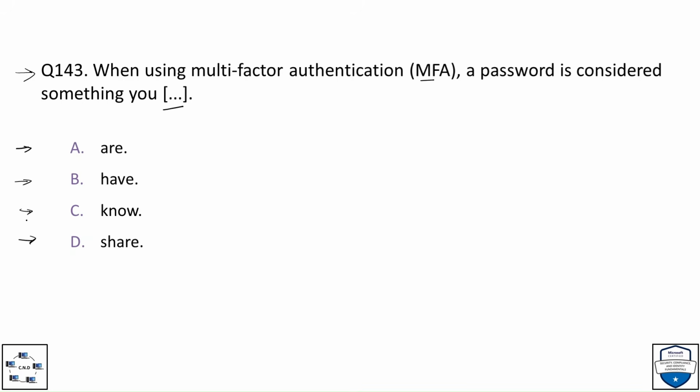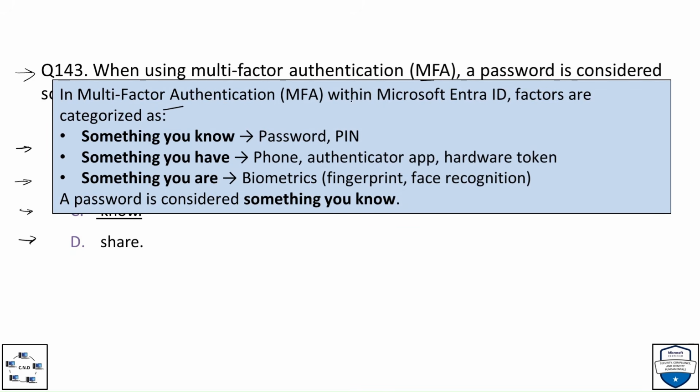And the correct option is, the password is about knowledge, so it is something you know. In multi-factor authentication with Microsoft Entra ID, factors are characterized as something you know, such as password and PIN, something you have, such as phone, authenticator app, and hardware token, and something you are, which is biometric, such as fingerprint and face recognition. So a password is considered something you know.